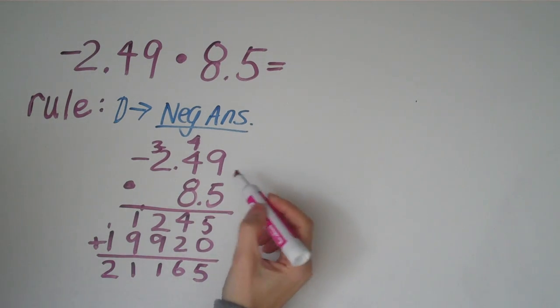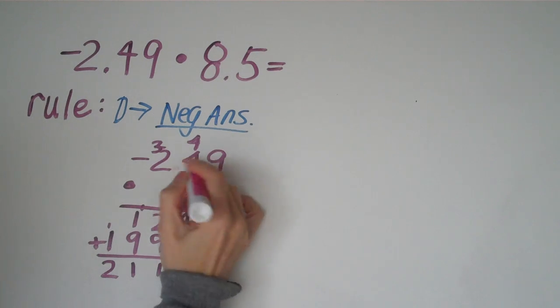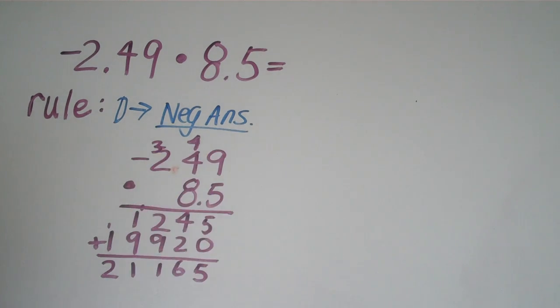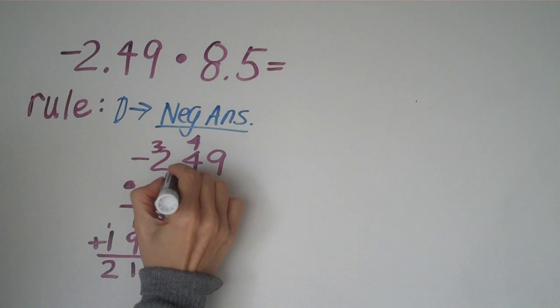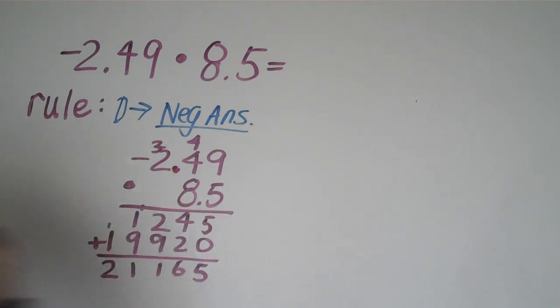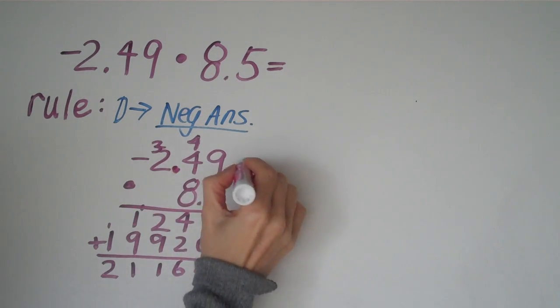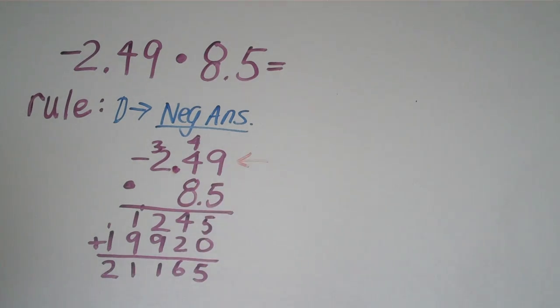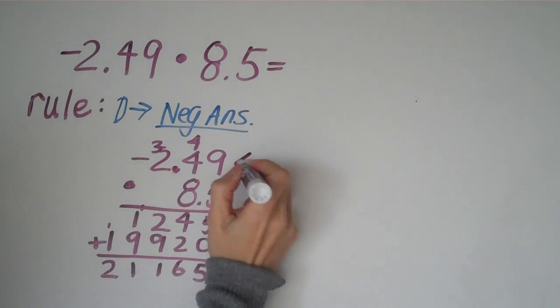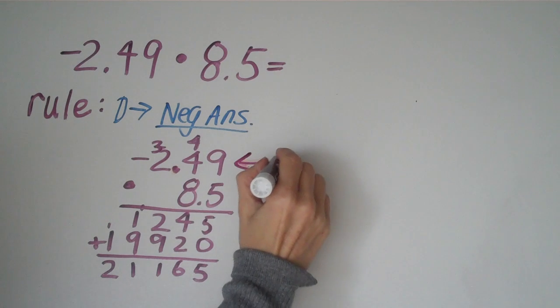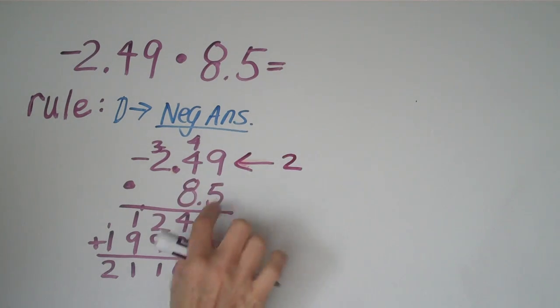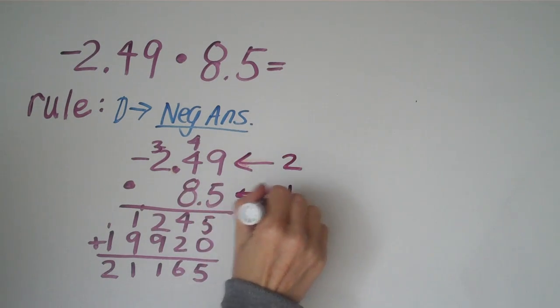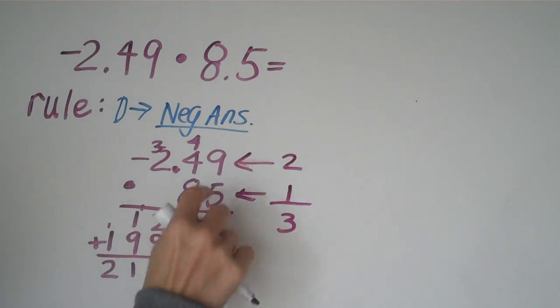Okay, so now here's the part that's not tricky at all, you just need to keep it in mind. We're going to make note of where the decimals are. There is a decimal right there. And we're looking to the right of the decimal, and we can see we have 1, 2 spaces right here after the decimal, and then 1 space right here, for a total of 3 spaces after the decimal.